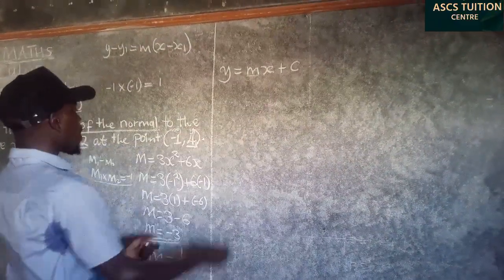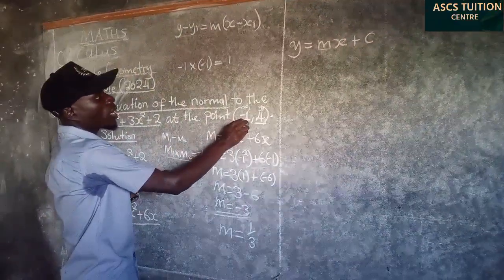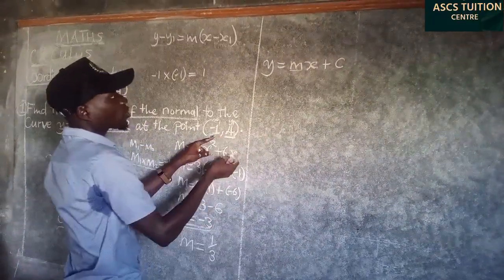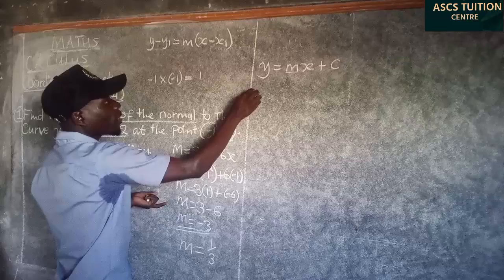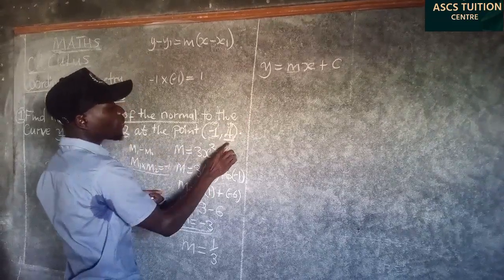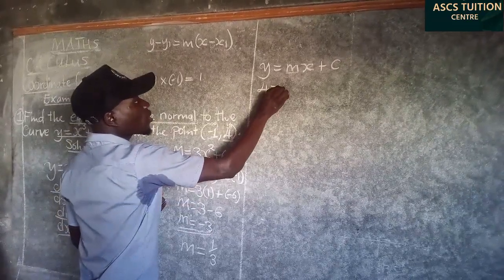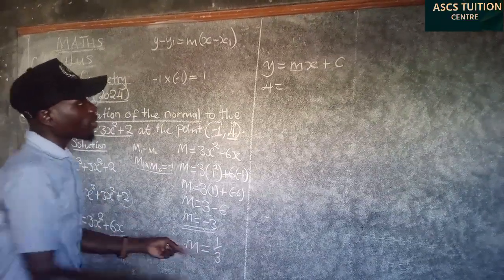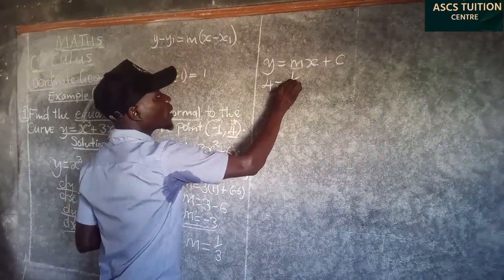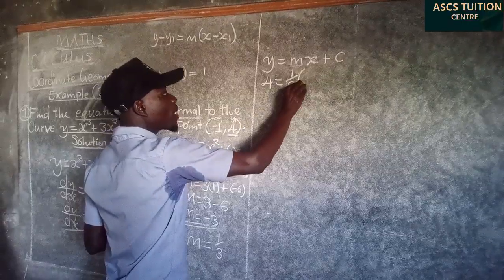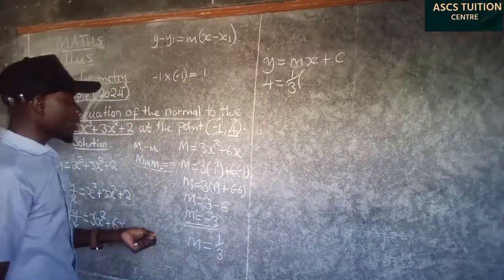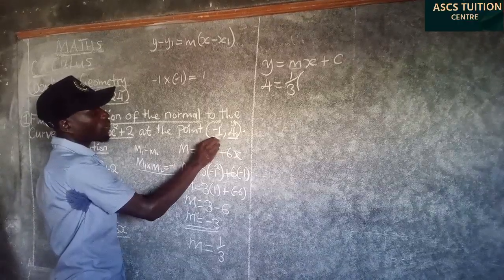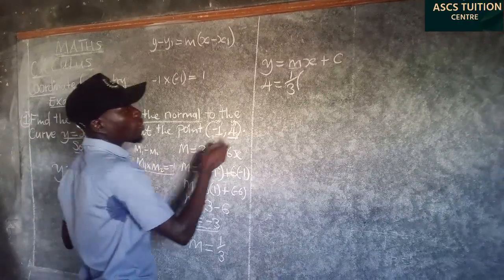Then we also have been given a -1, which is being represented by x in this case. So what you are going to do, you say, where there is y, you write this 4, you say 4 is equals to, and then you copy the bracket which is 1 over 3, you say 1 over 3, then open the bracket, and then followed by the x coordinate is -1 in this case. I hope you are following.